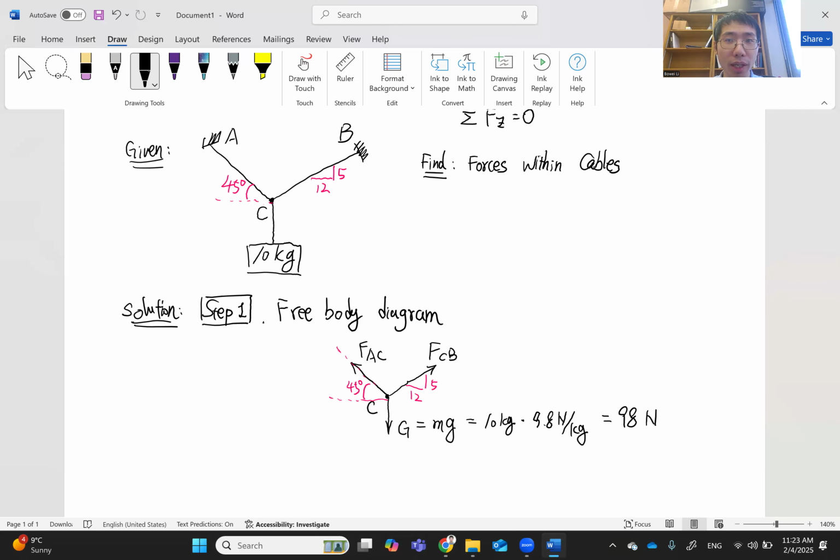For practice, you can try to analyze, for example, particle A or particle B here. You're going to see that it will always confuse you, because if you go with particle B here, it will only involve FCB. If you go with particle A here, it will only involve FAC.